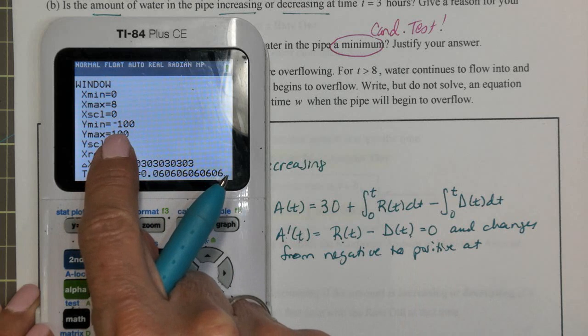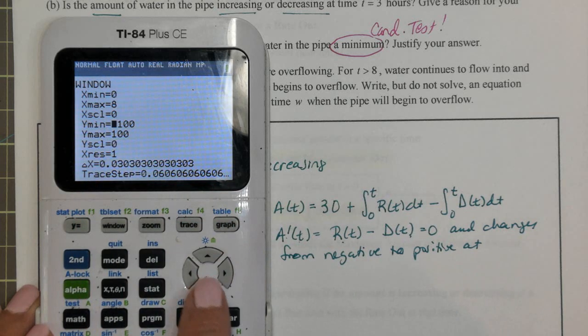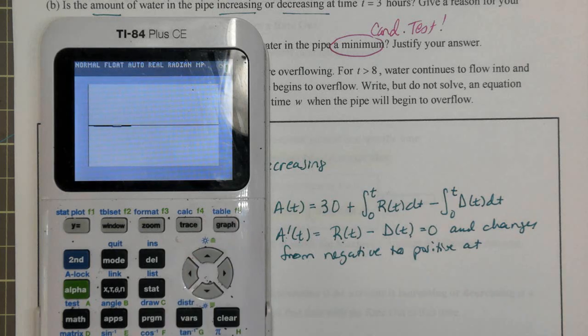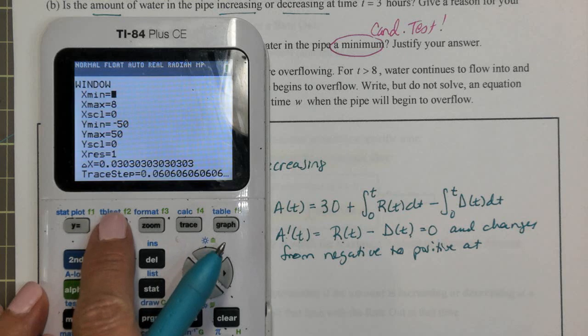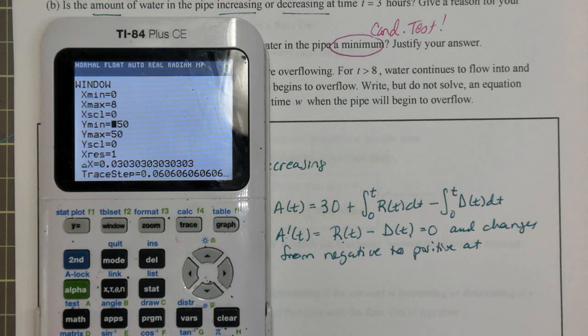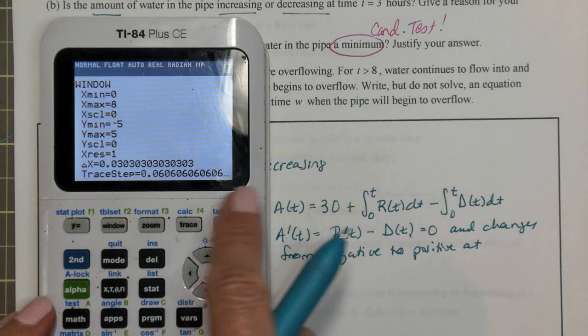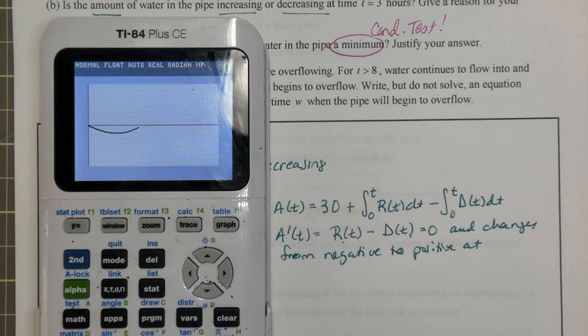I have it negative 100 to 100. I don't know if I need negative 100 to 100. I have no idea what I need. Oh, I did not need negative 50 to 50. Let's change that window. Let's make it negative 5 to 5. How about that? There we go. Better. Okay.